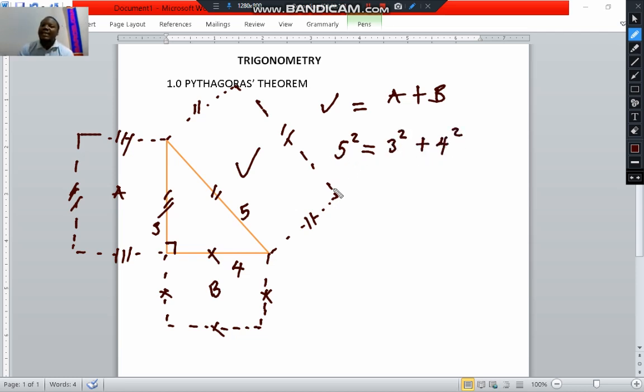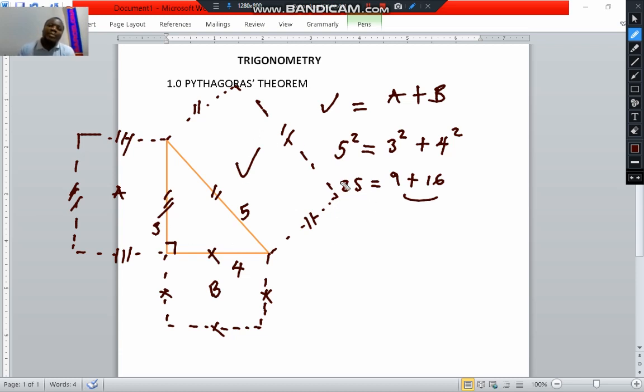If you look at this nicely, this gives you 25 equals 9 plus 16, which is still 25. So he started looking at other right angle triangles, measured their lengths and made squares out of them. He noticed this pattern, that the longest side squared was always equal to the sum of the 2 squared sides.